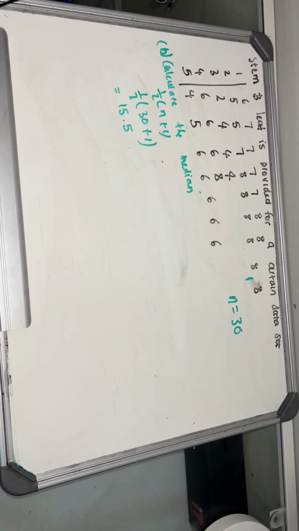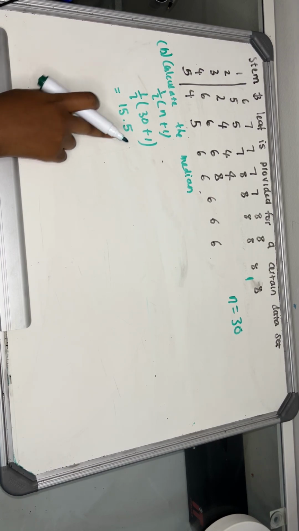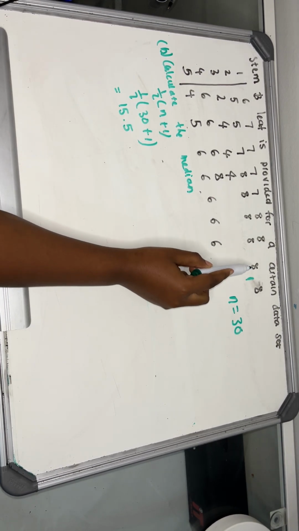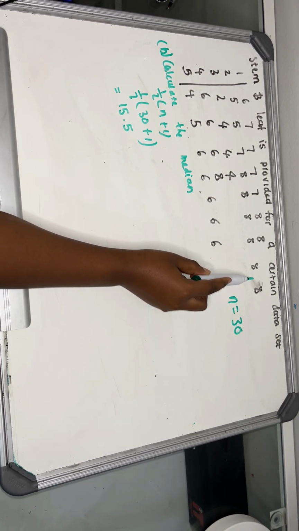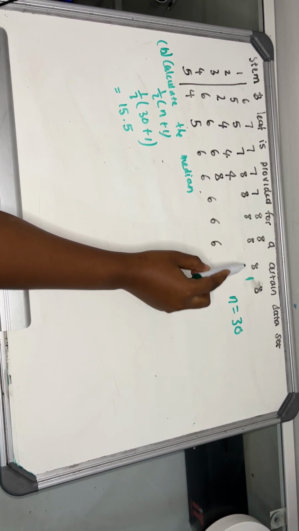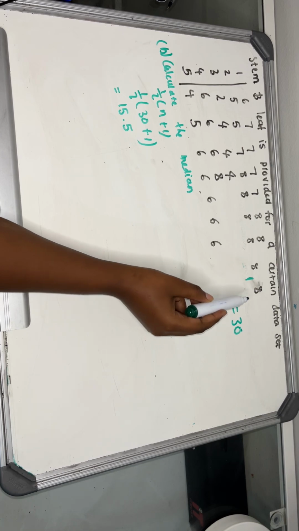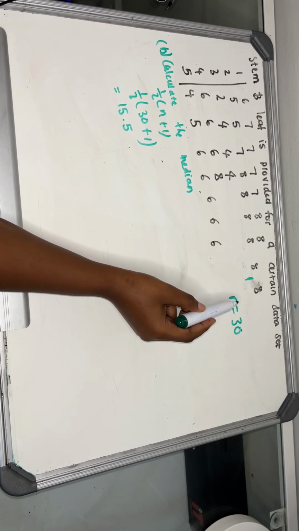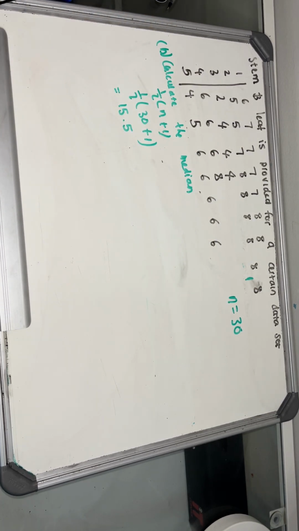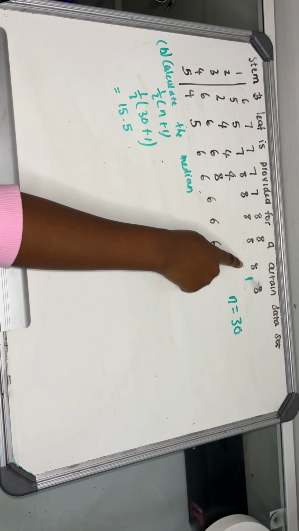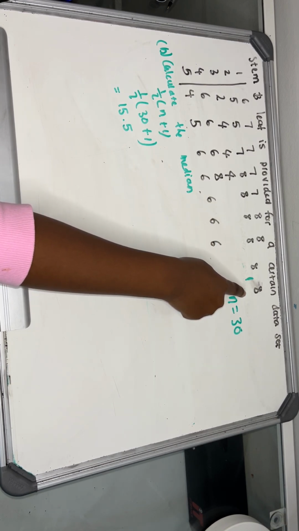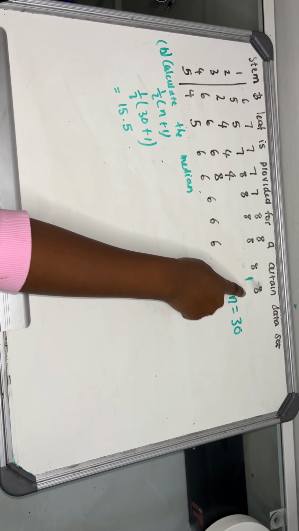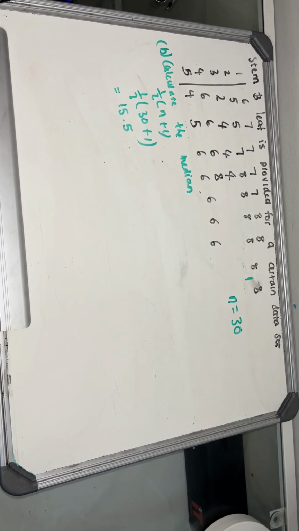So what do we know about the median when it's an even number? The median ends up being the average of the two values that are next to the median, right? So the median is the average between the 15th and the 16th value in the data set.